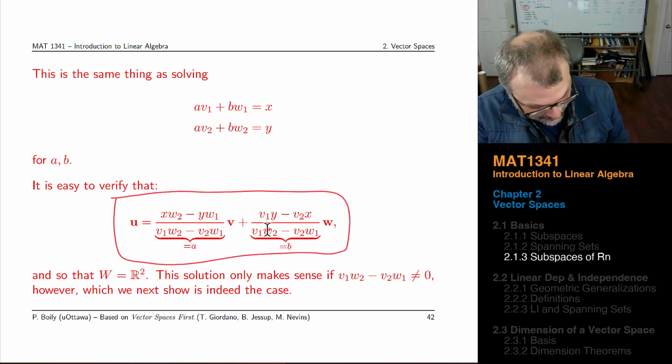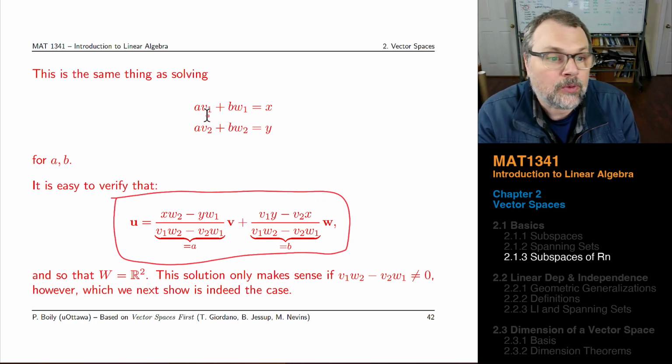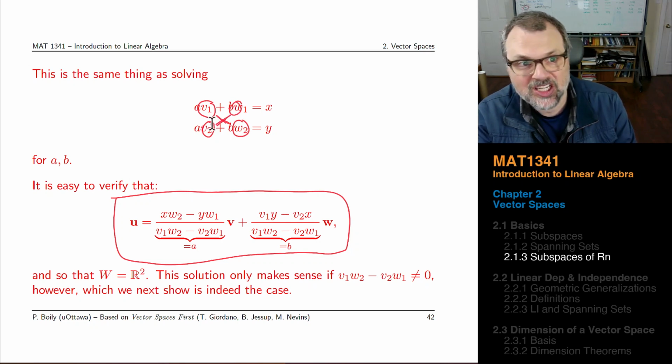I'm going to tantalizingly get you to notice something. V1 W2 minus V2 W1. So that's V1 W2 minus V2 W1. Sort of a weird cross product.